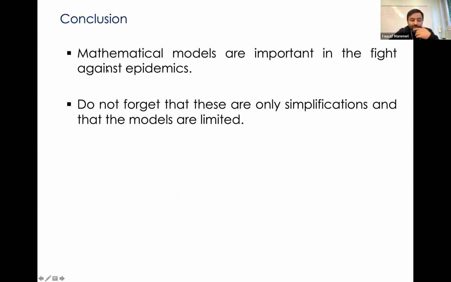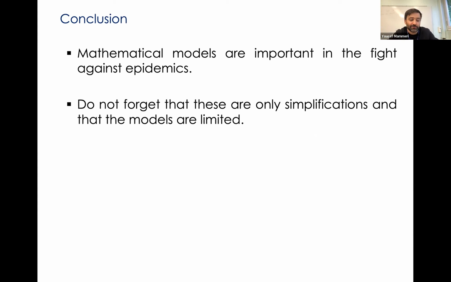I hope you have seen that mathematical models have been used for a very long time in the fight against epidemics. From the 18th century, probably before, but we don't know. The first paper we have is by Bernoulli, but still today, COVID is a great example.